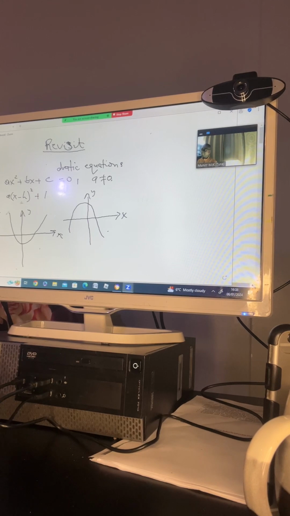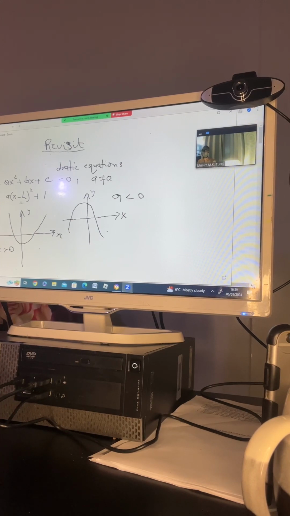If it opens upwards, it means a is greater than 0.